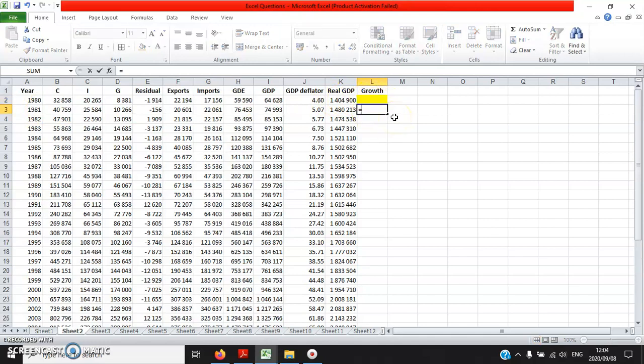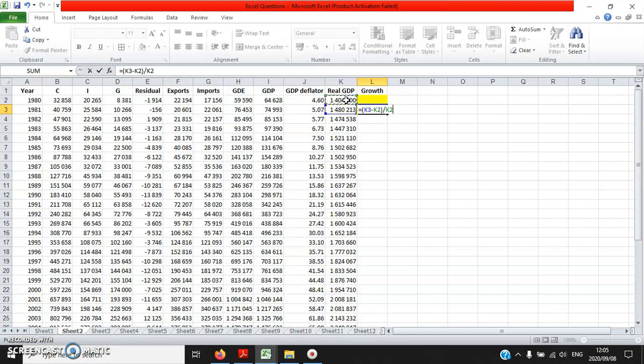But we can work out the real GDP growth rate between 1980 and 1981. We need to make use of brackets. Equals, open bracket, you have to use the shift key. Do you see the 9 key? Then the 1981 real GDP minus the 1980 real GDP, close bracket, divided by real GDP of the earlier year, which is 1980.